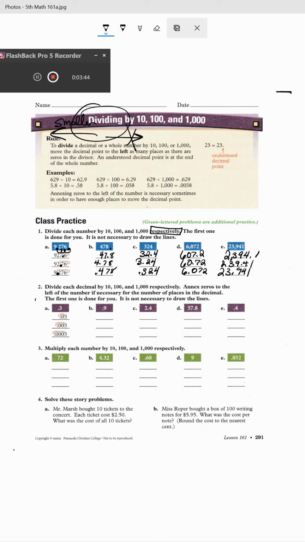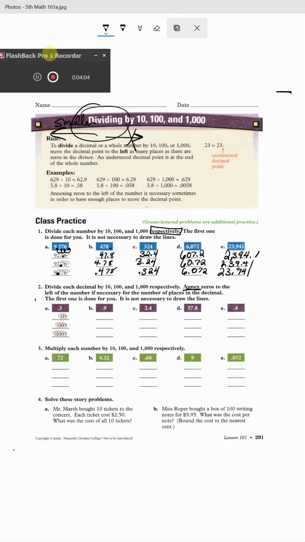All right. Divide each decimal by 10, 100, and 1,000 respectively. Annex zeros or add zeros to the left of the number. Before it was to the right. Now it will be to the left if necessary. So look at the 0.3 first. Look how they did it.